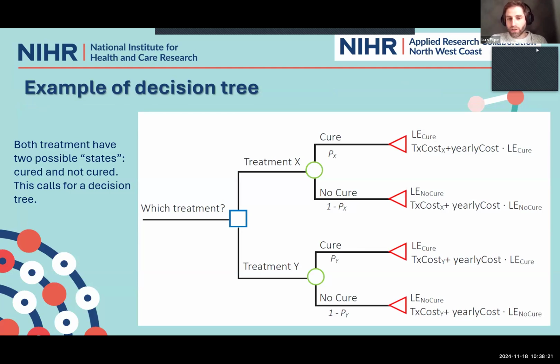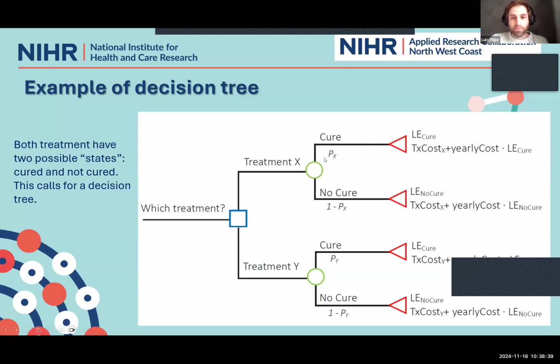And then in this very simple example, within treatment X, as you can see, you have the possibility of the person being cured or the person not being cured. One thing, you are going to see that below cure, you can see some px.